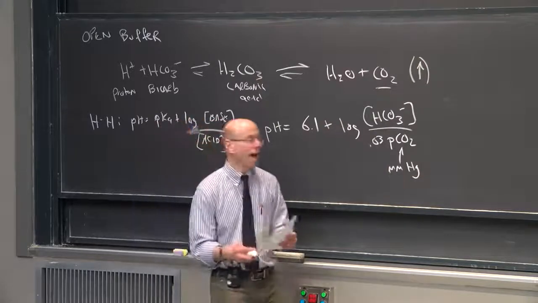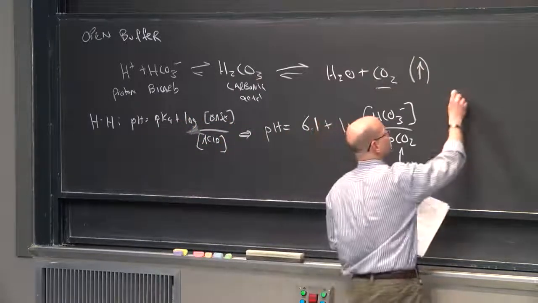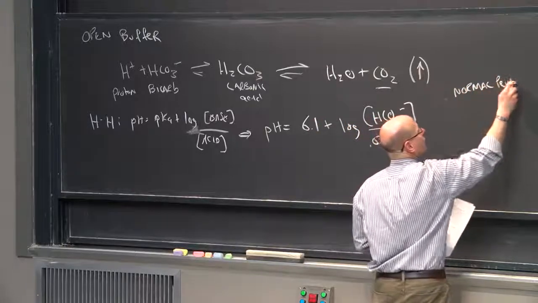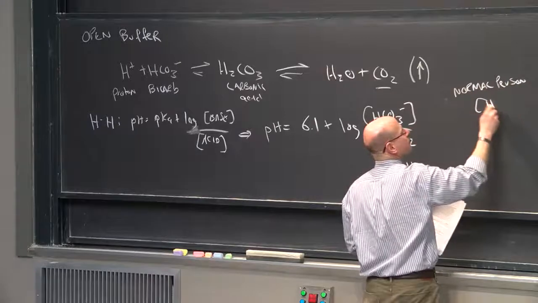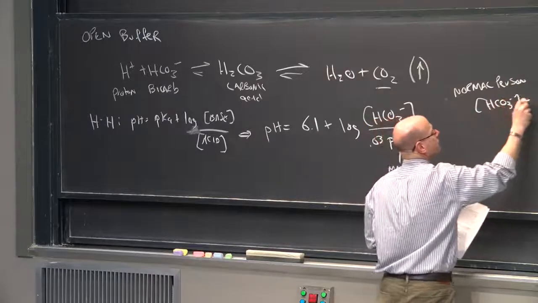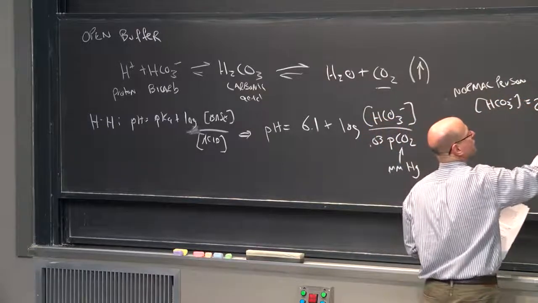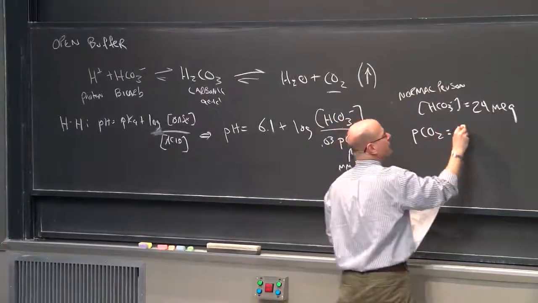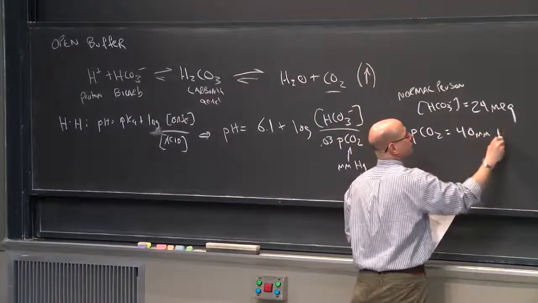And it turns out that in a normal person, the concentration of bicarbonate ion in your blood is 24 milliequivalents. And the pCO2 in your blood is 40 millimeters of mercury.